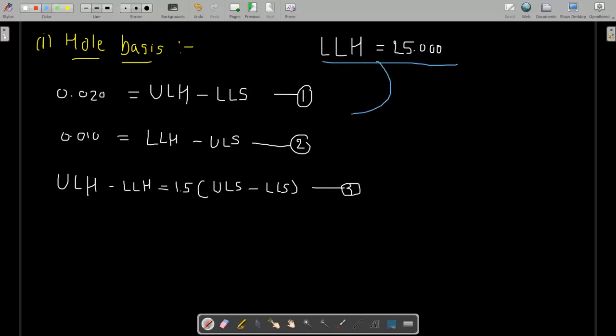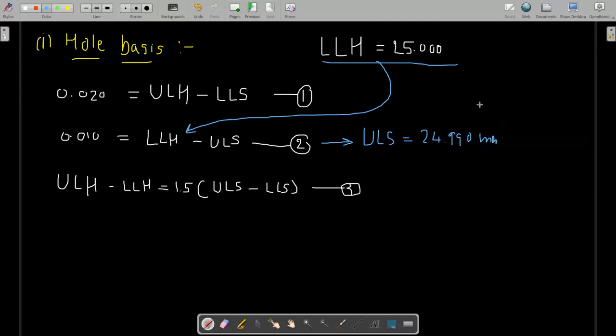Put this value in, and we can get the upper limit of the shaft. I'm drawing arrows from where we started and where we are going. So the upper limit of the shaft that we find is 24.990 mm.